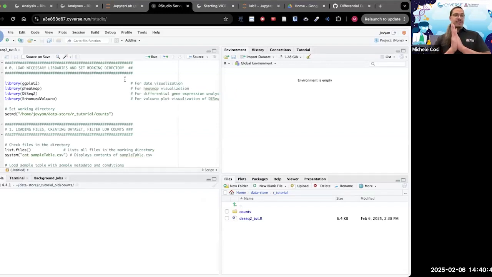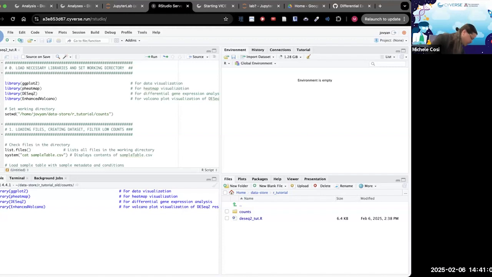So what we're going to do now, we're going to load a couple of libraries, then we're going to filter the low counts from our data sets. All righty. So I'm going to load ggplot, pheatmap, DESeq2, and EnhancedVolcano. And I'm going to set the working directory in, well, essentially where I am now, in the counts folder.